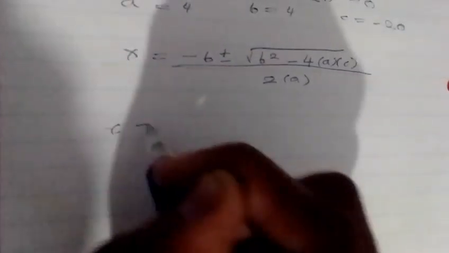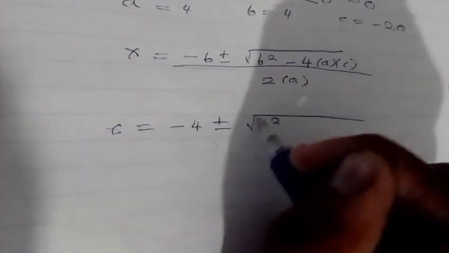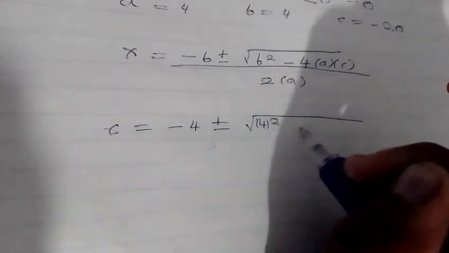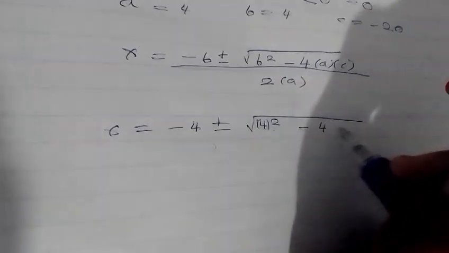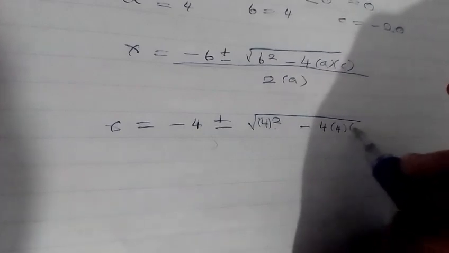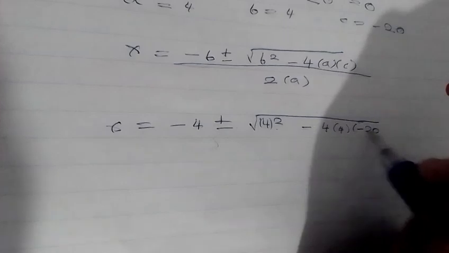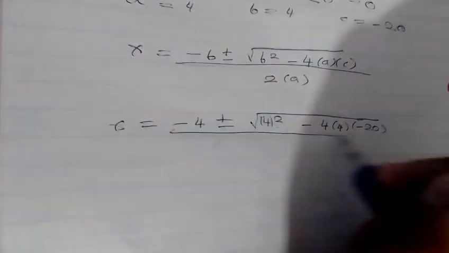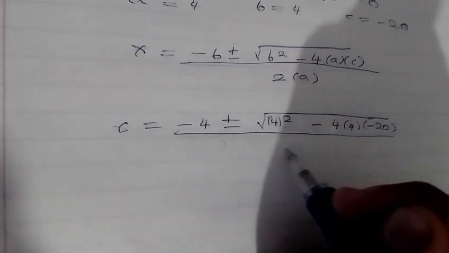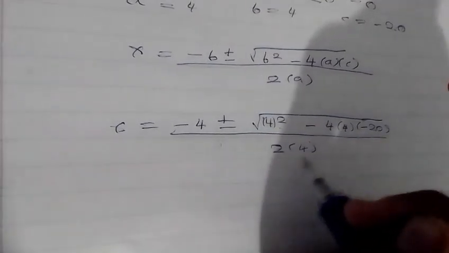So it's going to be x equals negative 4 plus or minus square root 4 squared minus 4 times 4 times negative 20, all divided by 2 times 4, which is 8.